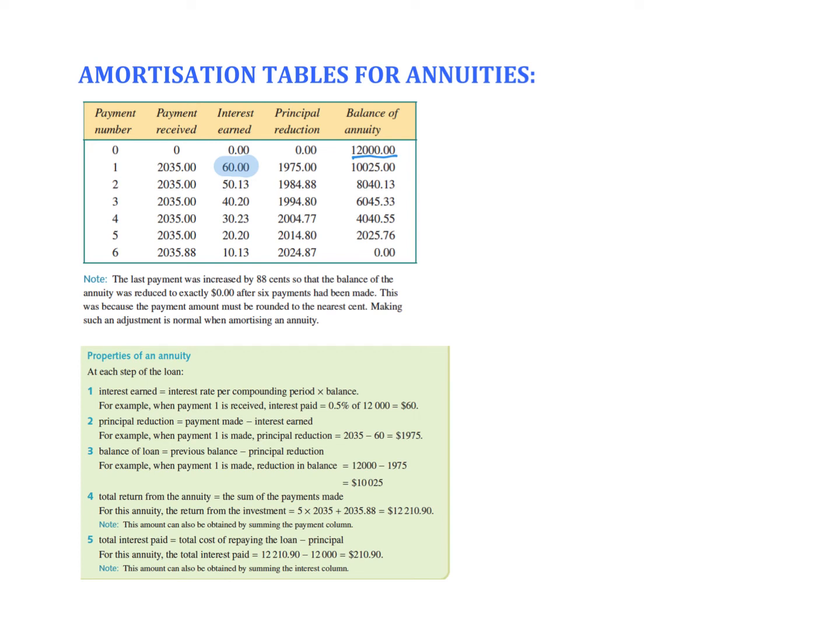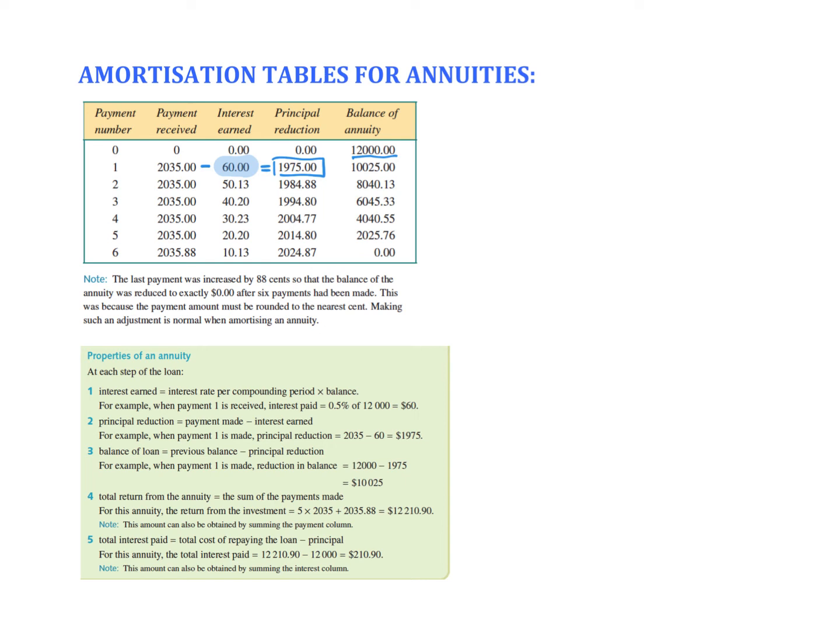So even though you're taking out 2,035, you're not really using all your money, you're using $60 of the interest. So what your loan actually reduces by is this amount here, and that's why they say principal reduction. That's what your amount is going down by.